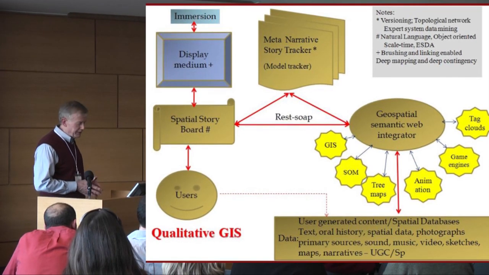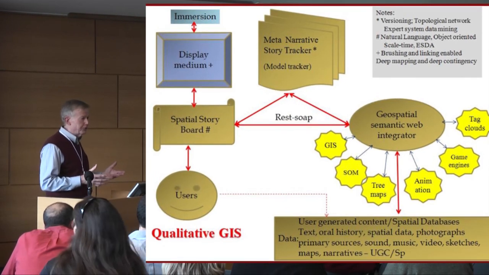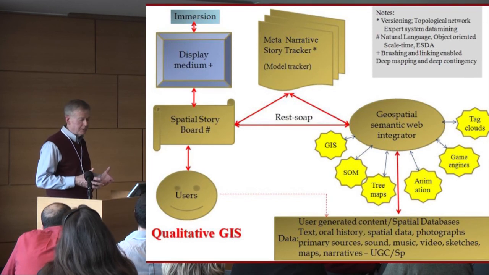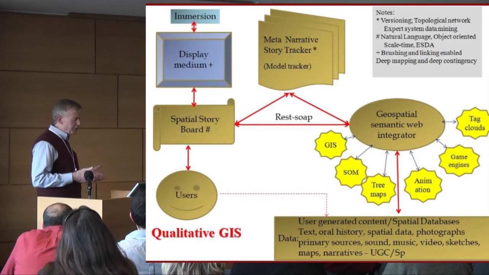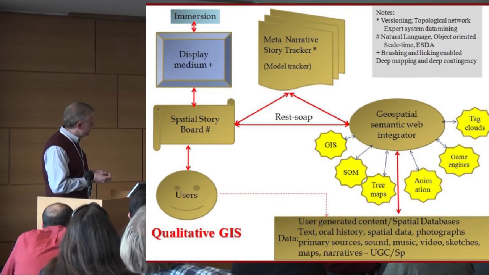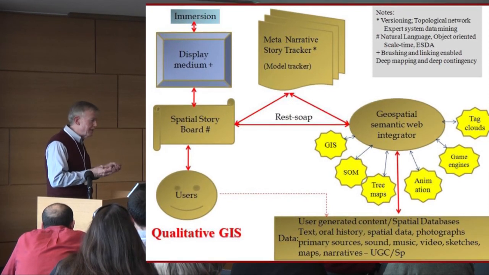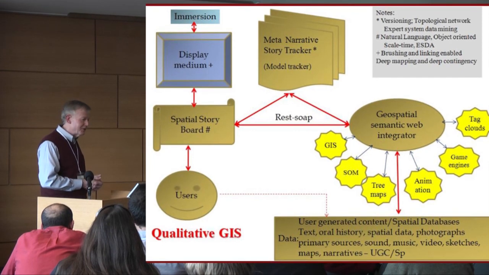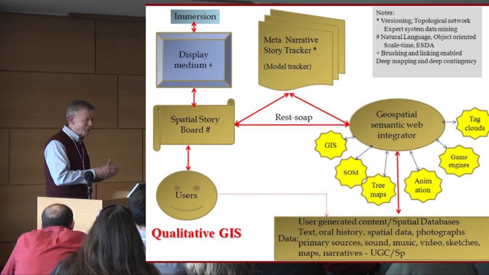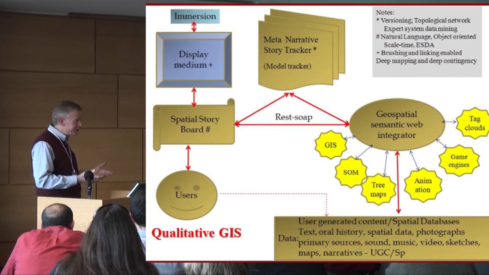We're also talking about self-organizing maps, tree maps, animations, game engines, tag clouds, a whole variety of other tools that are already available to us in the digital world that becomes part of this integrator structure that is connected to a spatial storyboard and a narrative tracker that allows us then ultimately to take that, to construct spatial stories out of it, to push it into a display medium, and ultimately I think the real goal is to immerse the user and to allow us to become immersed in the story, much as Charles Dickens in the 19th century, through the construction of his narratives, could immerse us in his world, a world that we still can access today.